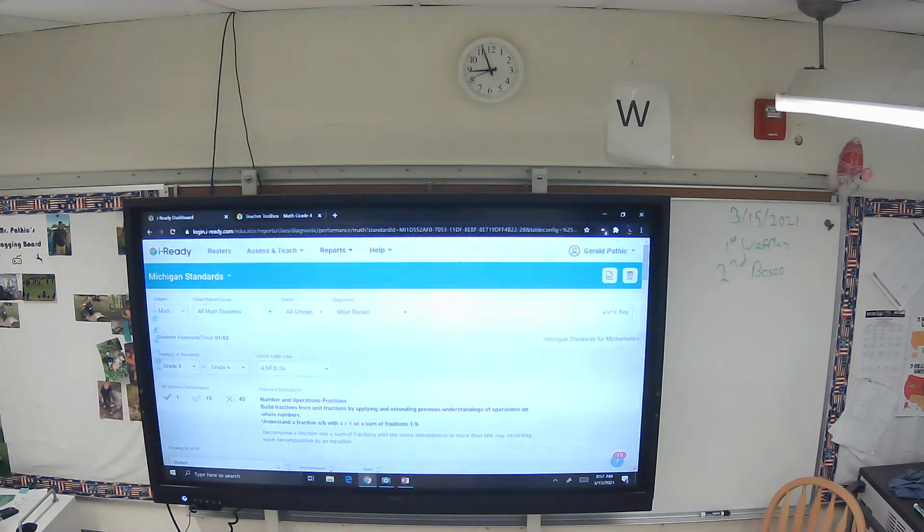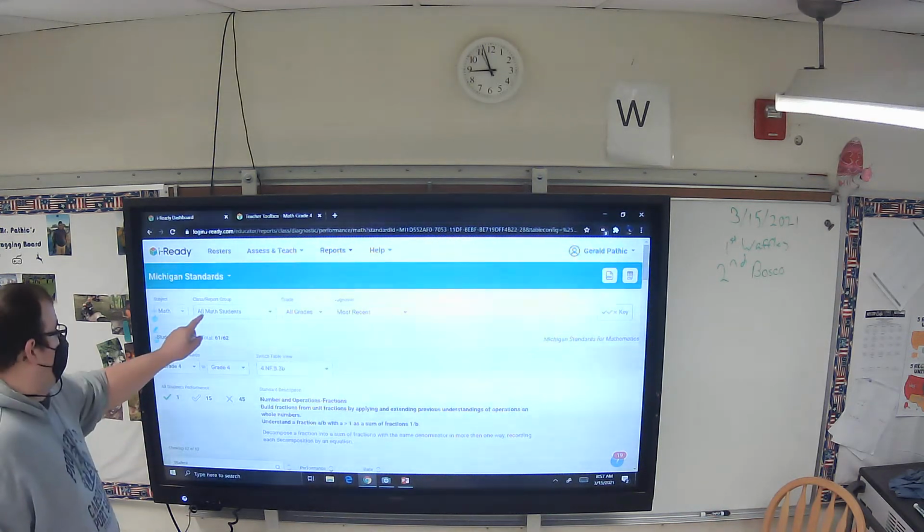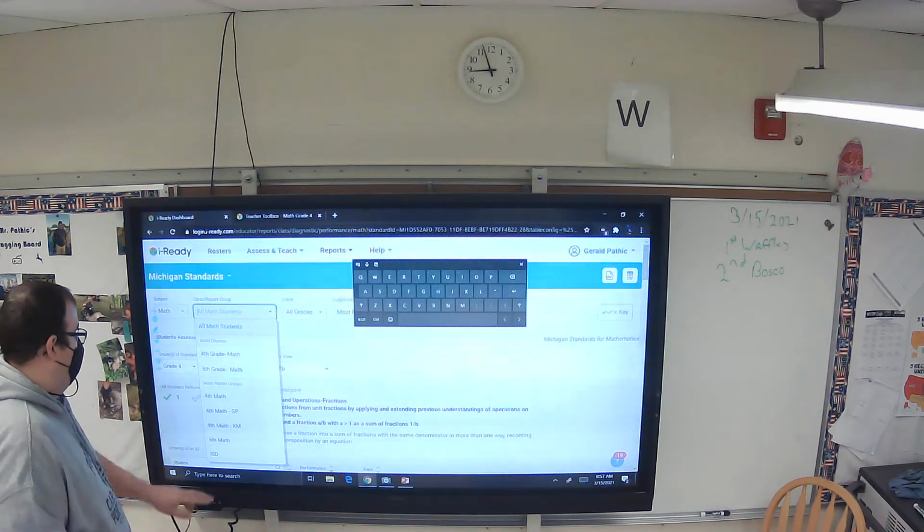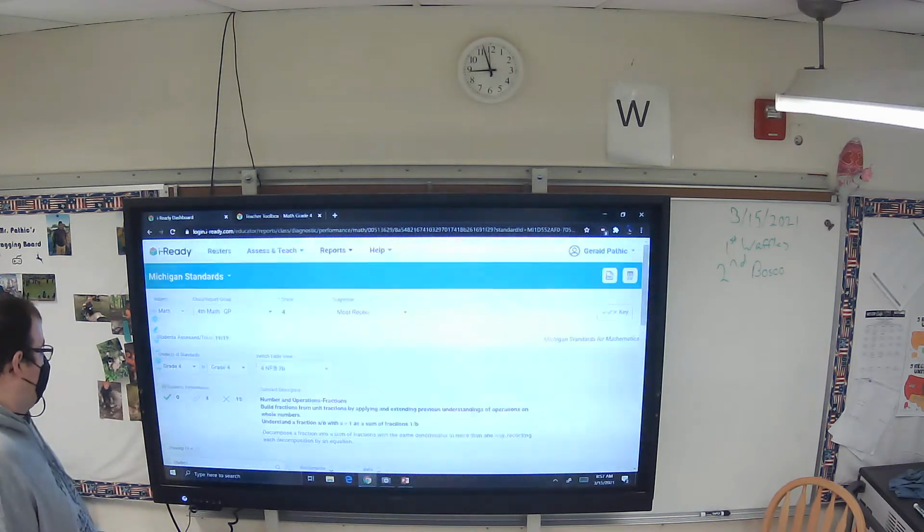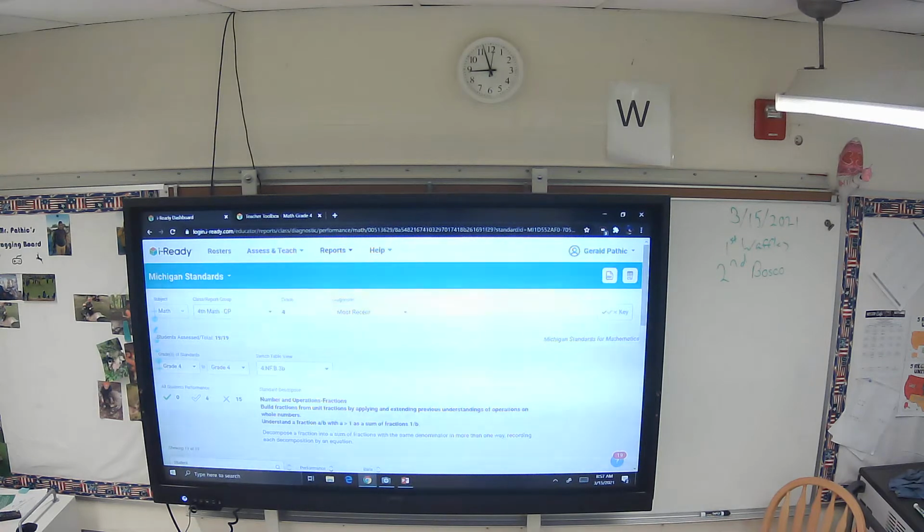Remember, we talked about the green check mark means you have it, you have a complete understanding of it. The clear check mark means you partially understand it. The X means you don't understand it at all. So, in January, when we took the diagnostic test, a whopping 0 students understood this standard.